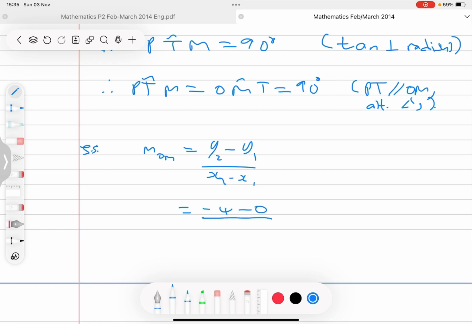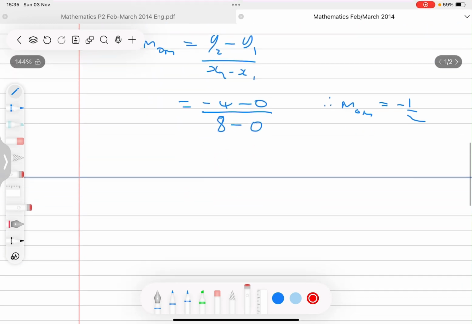Remember, I'm starting with y now, minus 0 on the origin. Then we'll have 8 minus 0, right? I see a -1/2 here, so I can say therefore m_OM is equal to -1/2, yes, because the 4 goes once here, but on the 8 it goes twice, and then we have a negative. Or you can use a calculator, that's fine.